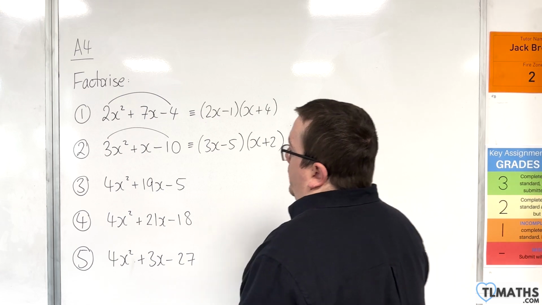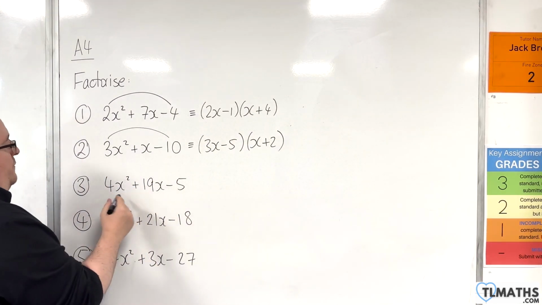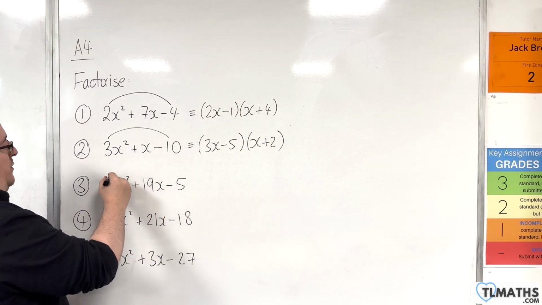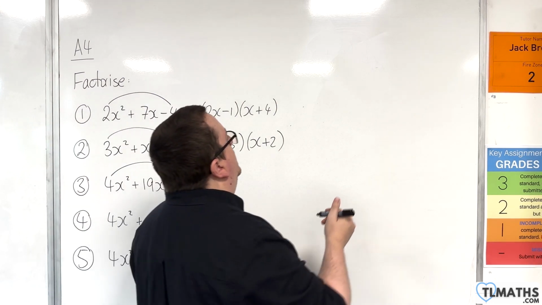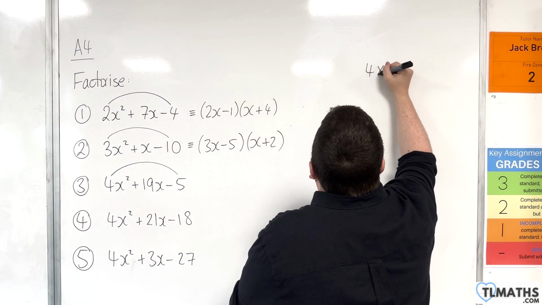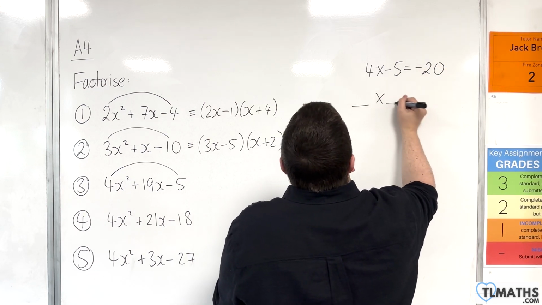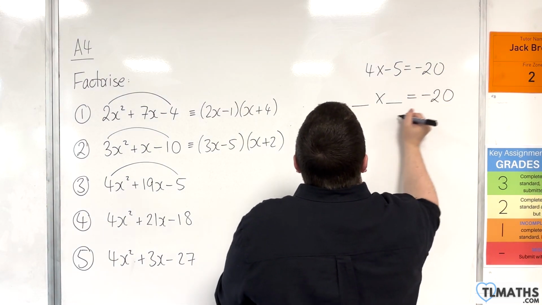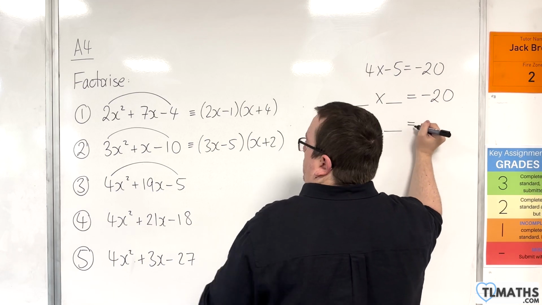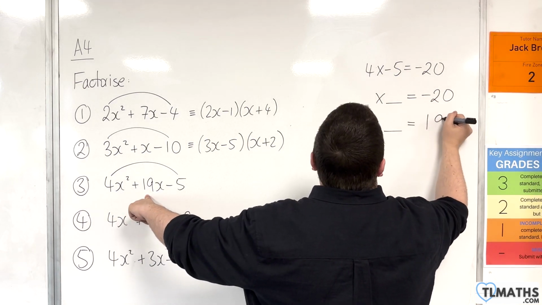Right, number 3. We have 4x squared plus 19x take away 5, so multiply the 4 by the minus 5 first. So that's minus 20. So we want two numbers that multiply together to make minus 20, but add together to make 19.